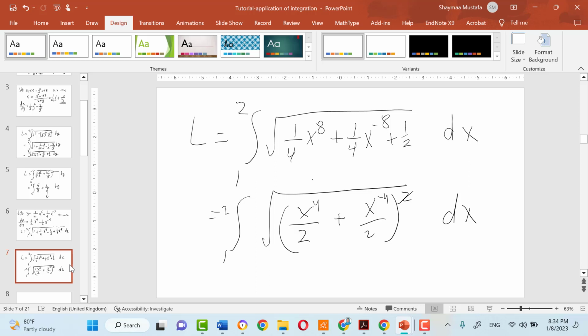So the 2 will be cancelled with a square, so you have only integration for x to the power 4 over 2 plus x to the power minus 4 over 2 dx. And then you can continue to get the answer.